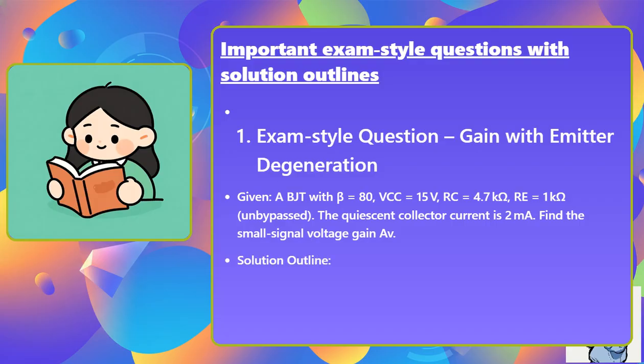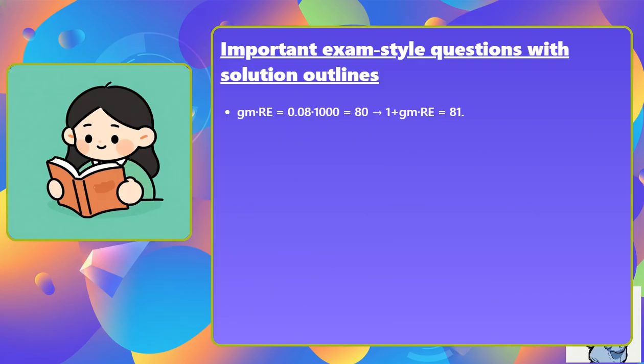Solution outline. Compute gm = collector current / thermal voltage = 2 milliamps / 25 millivolts = 80 millisiemens. Av = -gm × Rc / (1 + gm × Re). gm × Re = 0.08 × 1000 = 80, which gives 1 + gm × Re = 81. Av = -0.08 × 4700 / 81 ≈ -336 / 81 ≈ -4.15.